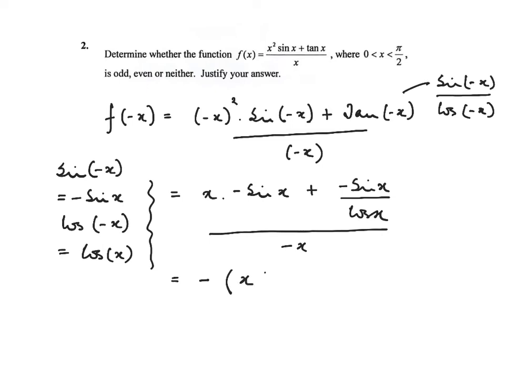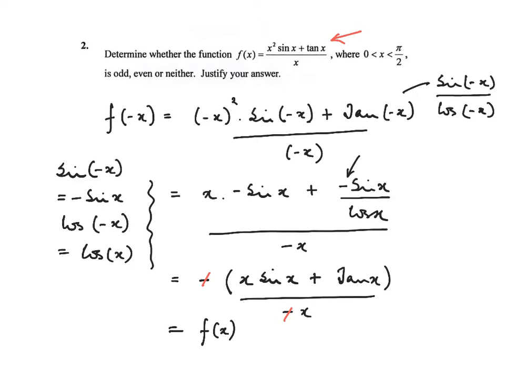That gives me x sine x plus, well, I can take out that minus there, that just leaves me with tan x. Minus x on the bottom. The negatives cancel, and lo and behold, I have the original function again. Now, if f of minus x equals f of x, the function is even.